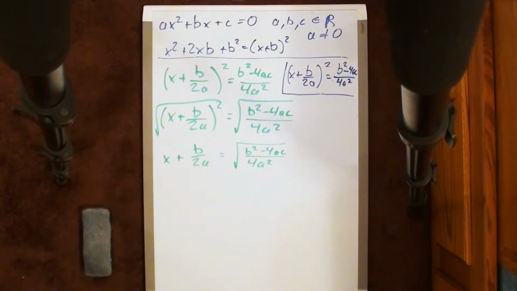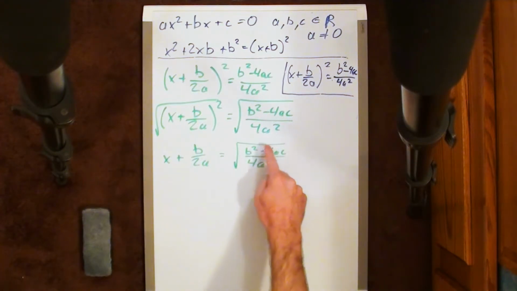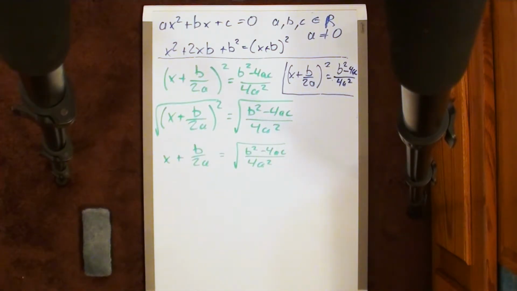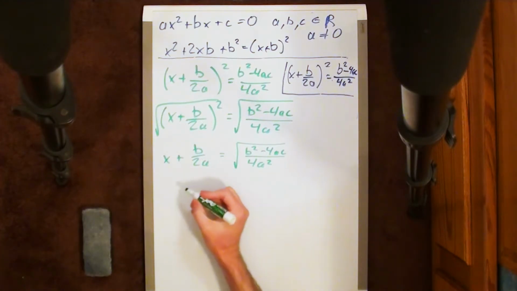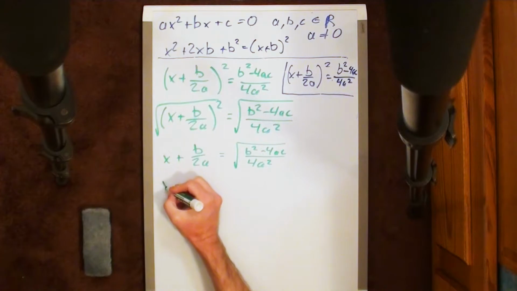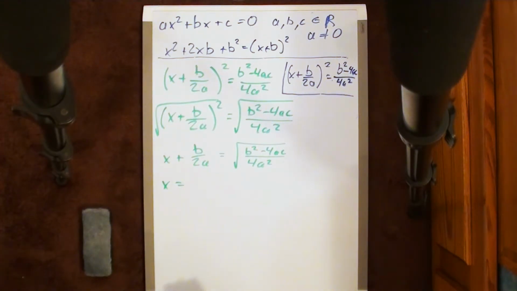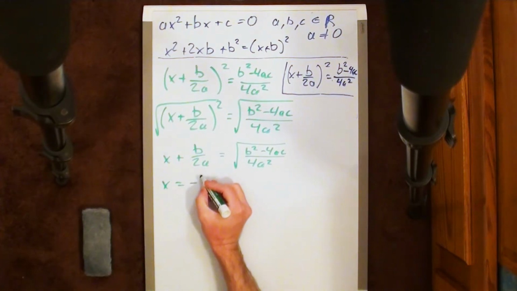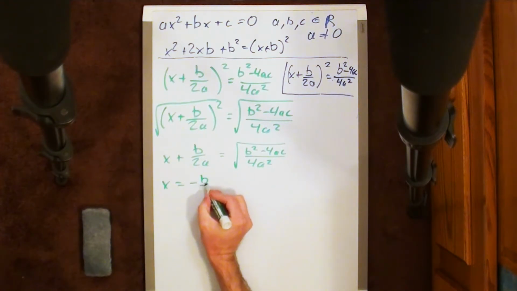Now, what I want to do is start cleaning things up a little bit. I want to get this all figured out and clean this up. So here we go. First thing I'm going to do, all in one step, is x equals negative b over 2a.